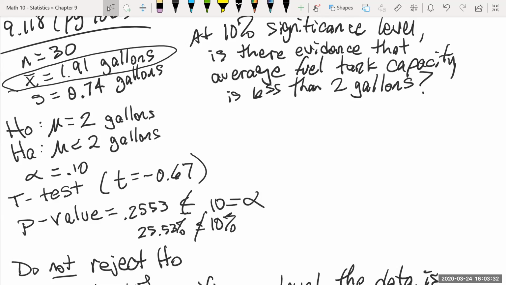You cannot prove the population mean is equal to anything unless you have all the population data. So do not word your conclusion as, oh yeah, it looks like the average is 2 gallons. No, we got 1.91 gallons. It's just not far enough below 2 gallons to say that we think the population mean is actually below 2 gallons. So do be careful about that.